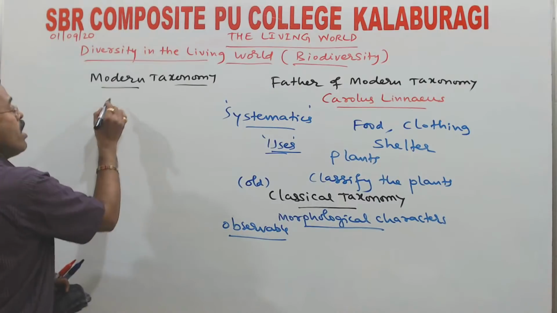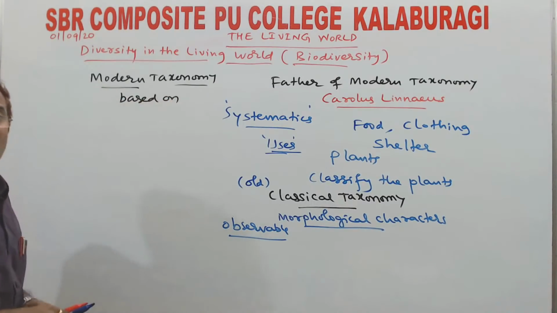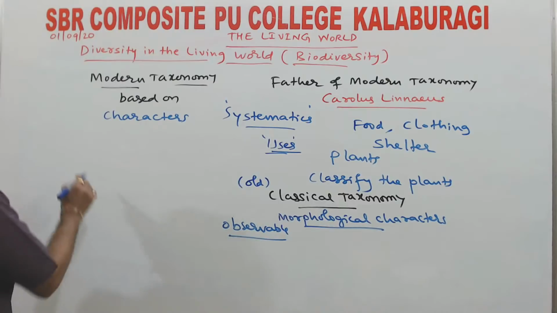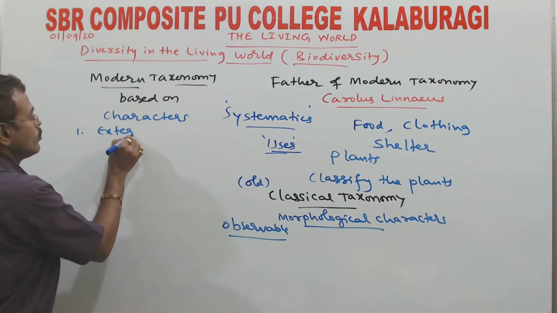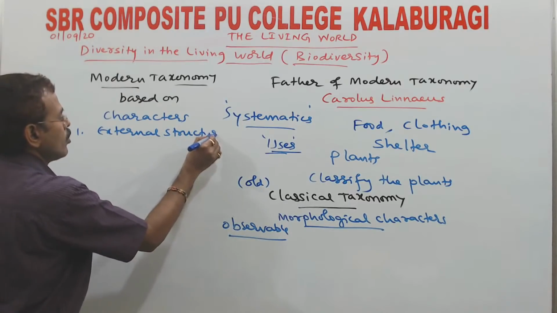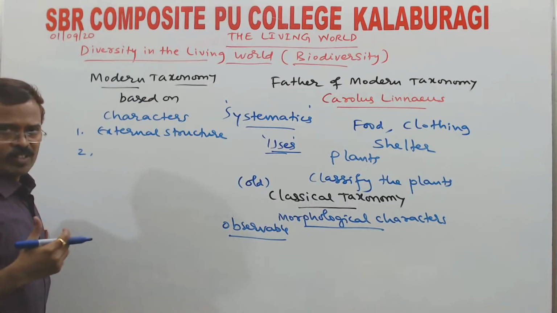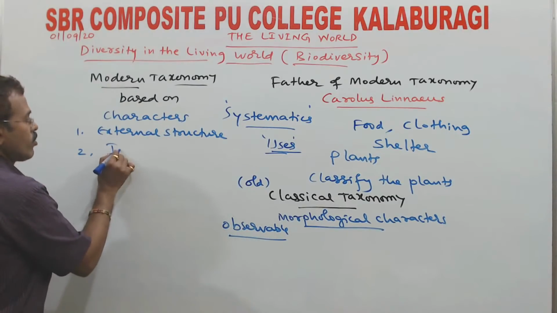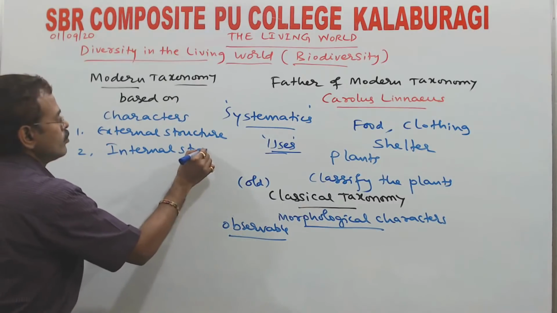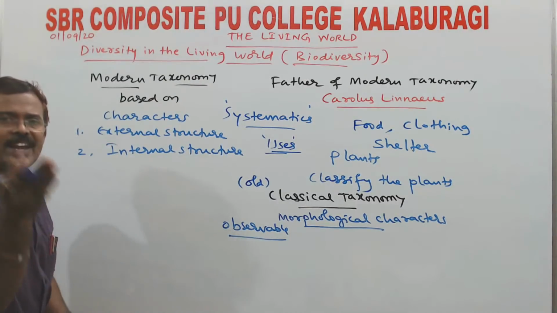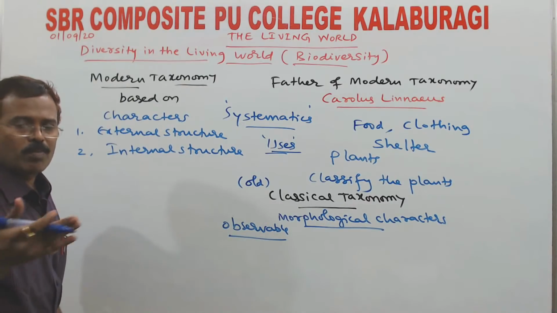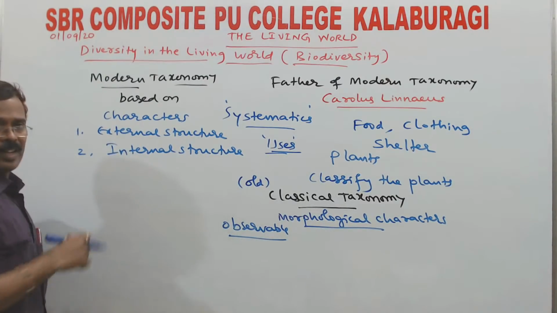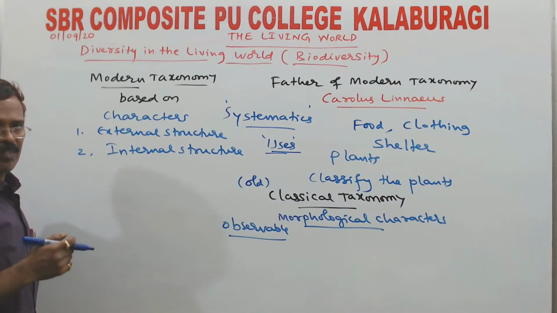What modern taxonomy is based on is several characters: mainly external structure, external features, morphological features, what characters appear by seeing the plant and animal; and internal structure, when we take a section of a plant part or animal part and see under a microscope what the internal cells or tissues are, that is, anatomical features.